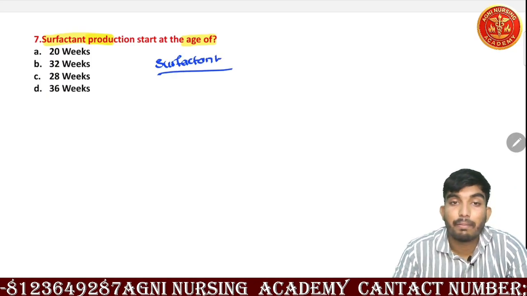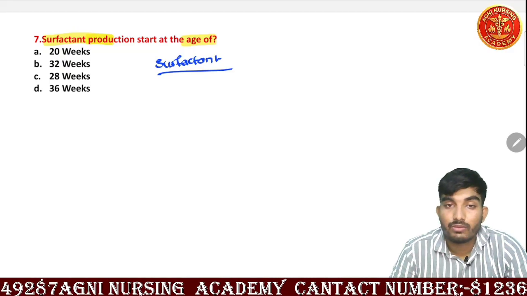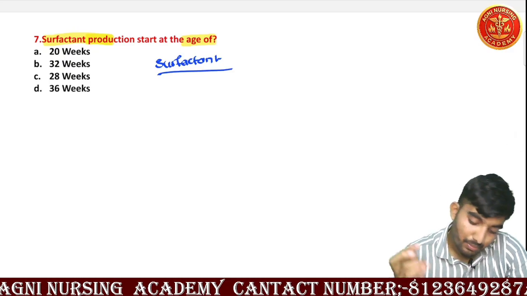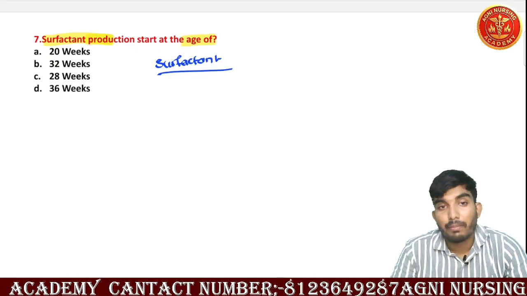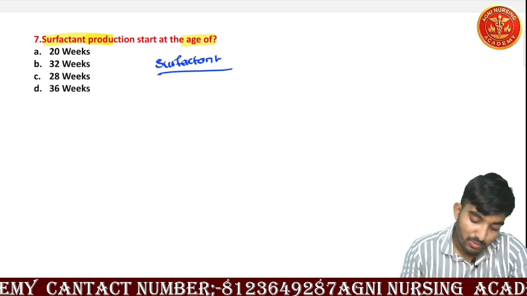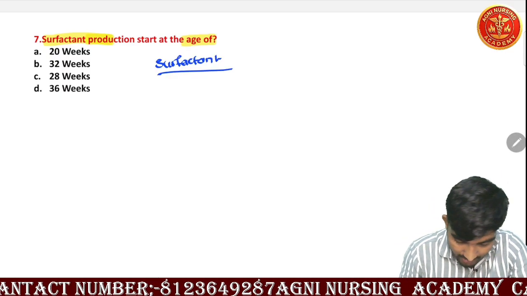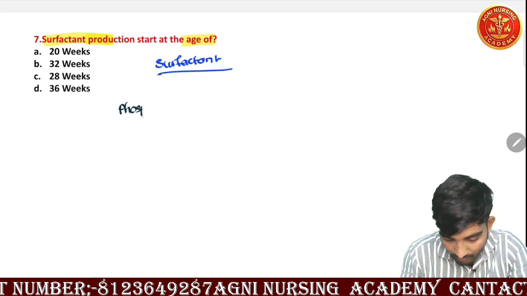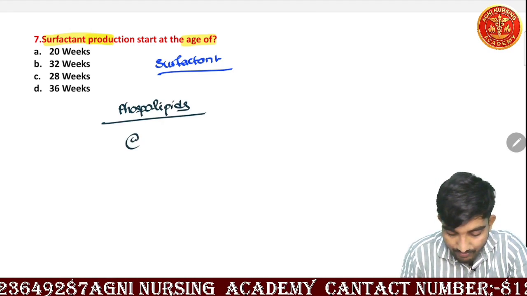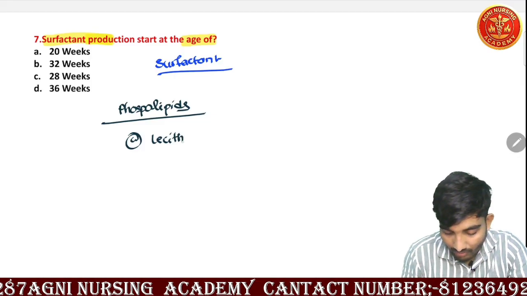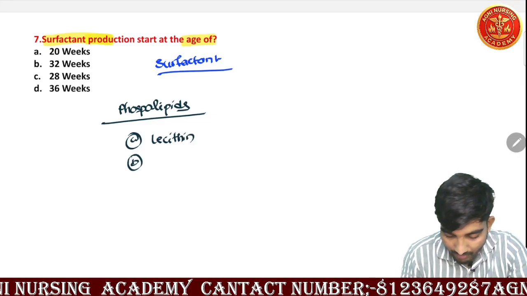Mainly two components are present, phospholipids and proteins. There are mainly two phospholipids: lecithin and sphingomyelin.